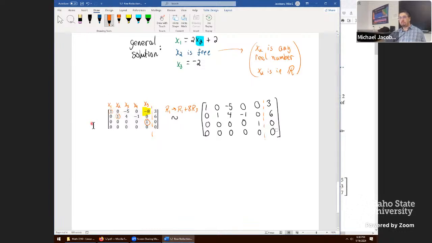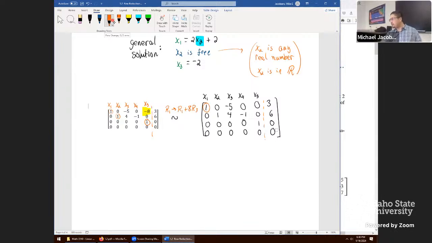This last example is going to be more about specifying the general solution, less about the row operations. But let's analyze for x1, x2, x3, there's a lot of them, x4 and x5. To get the general solution, we need to know exactly which ones are pivots and which ones are free. Or excuse me, which ones are basic and which ones are going to be free.